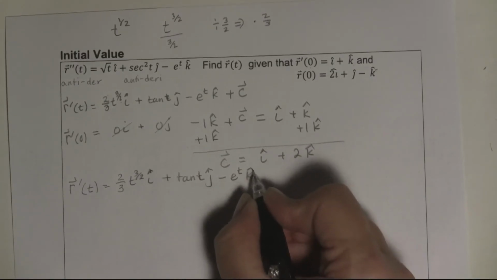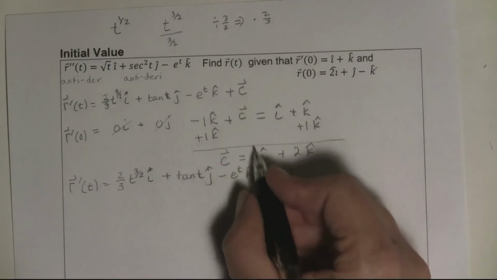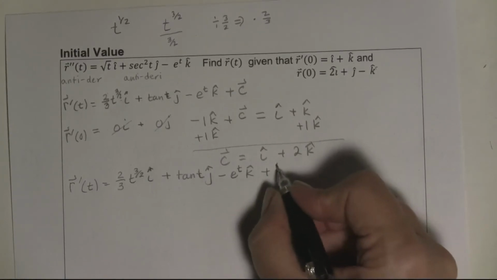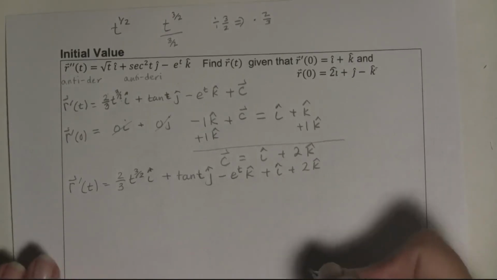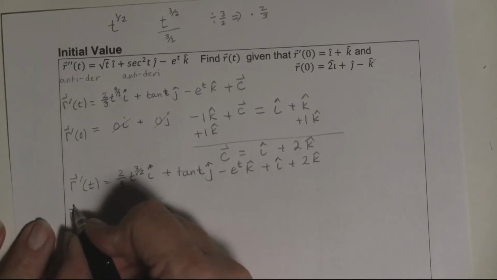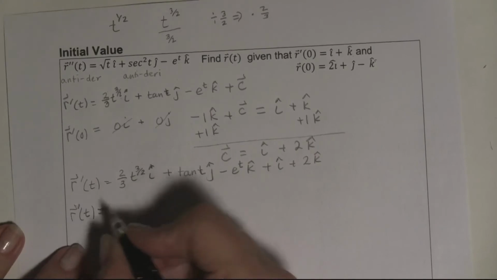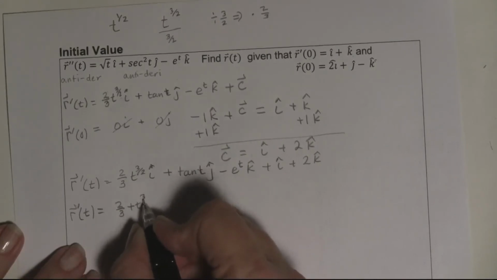And then we found c, right, the vector c, we just found it. It was i, so plus i, plus 2k. And then I like to regroup these together, all the i's together. So when I do that, this is r prime equals, and then this is 2/3 plus t to the 3/2.